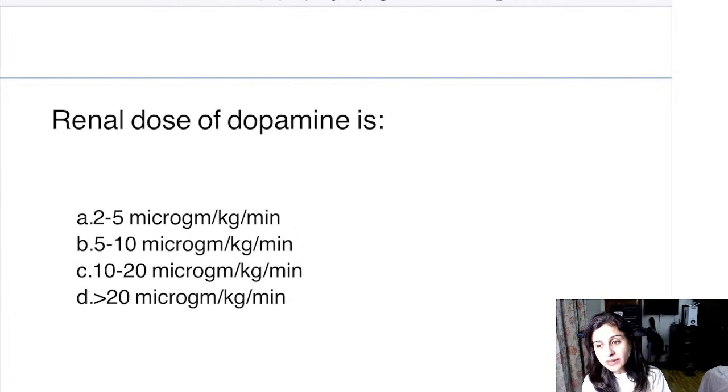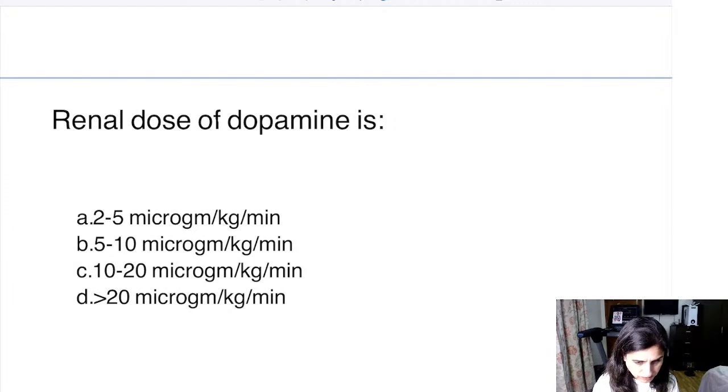So on what dose does it affect the renal, let's say, the blood vessels or the renal vessels? So, renal dose of dopamine.